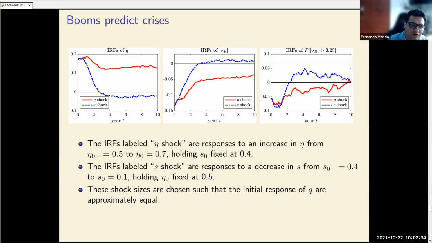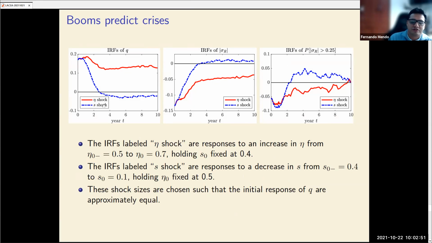Here I'm going to make the argument that these graphs tell you that in our model, booms can potentially predict crises. What you have are the impulse responses of the capital price, the volatility, and the probability that the volatility is super high.